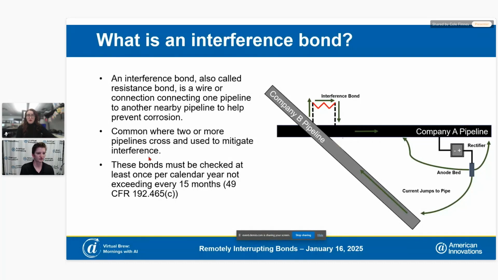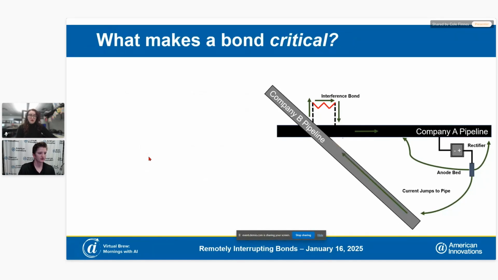That's to have the actual citation here, just to make sure we all know where I got this data from. But pretty much it's just like some other CP assets. You have to check these bonds once every 15 months. And that's why they are out there to help prevent corrosion.